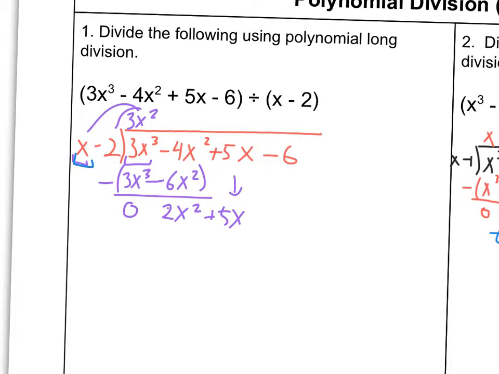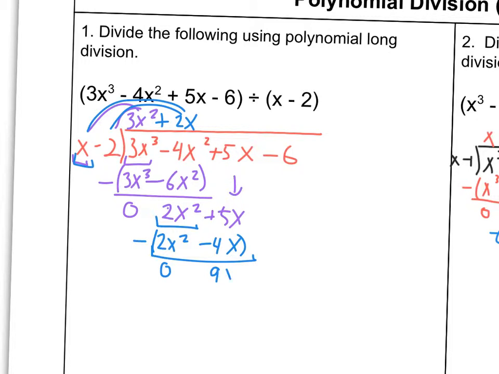To get from x to 2x squared is going to be plus 2x, and distribute that: 2x squared minus 4x. We get 0, and we get 9x. Bring down the minus 6.